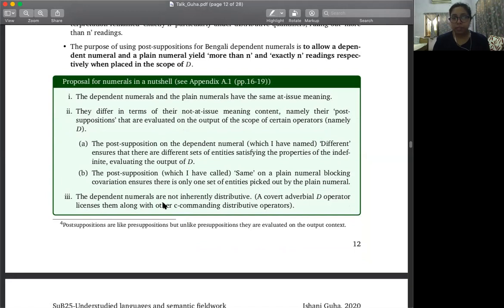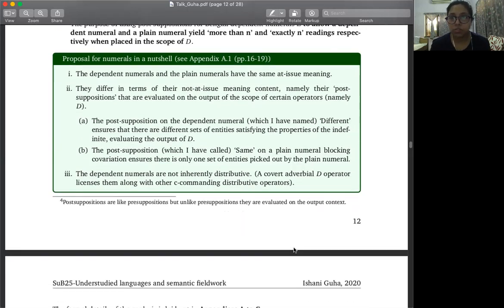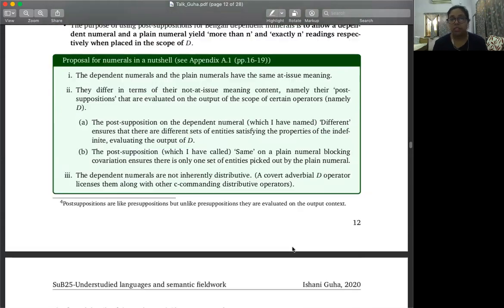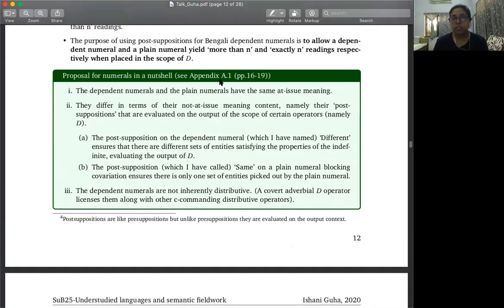And finally, the dependent numerals are not inherently distributive. A covert adverbial D operator licenses them, or any other c-commanding distributive operator. So I request you to please look at Appendix 1 to see the formal details of the proposal for numerals.